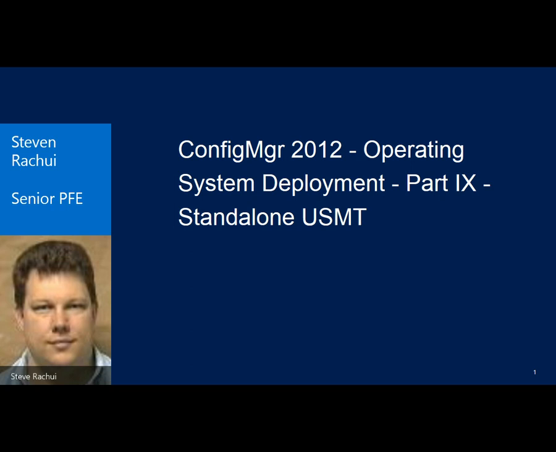Today's discussion will be a continuing session in our series dealing with operating system deployment. Today's session is part 9 of an ongoing series, dealing specifically with user state migration in ConfigMgr.